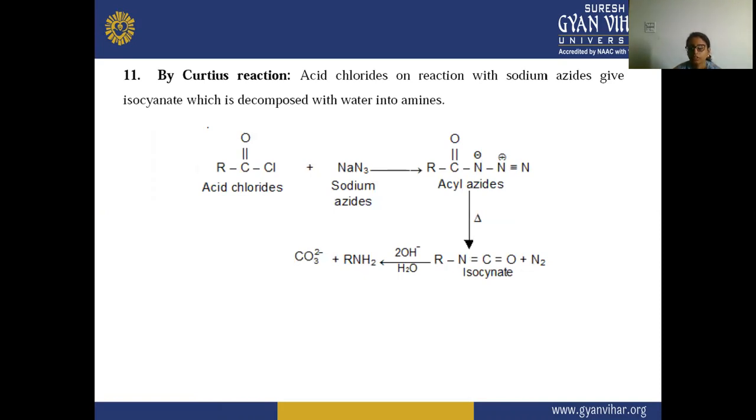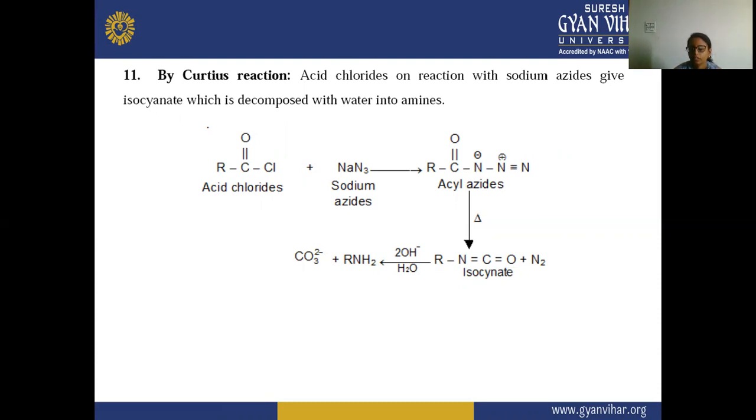So in the Curtius reaction, the acid chlorides are reacted with sodium azide. The chlorine is removed from the acid chloride, and the sodium is removed from the sodium azide, and then both of them, chlorine and sodium, will form a bond, that is NaCl is formed here.